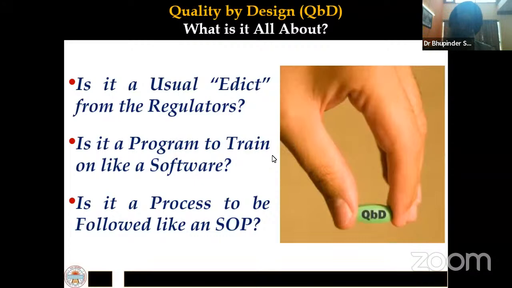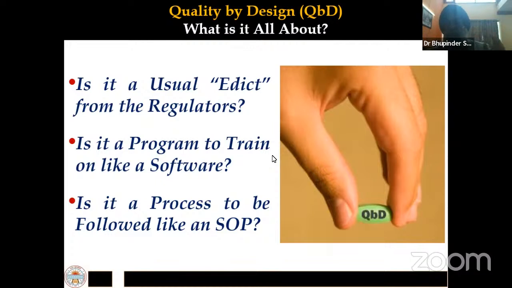Very interestingly, after a 2-day session, the COO, Chief Operating Officer of that company, came over and introduced me, and finally appreciated me, gave some mementos and all that, and finally declared that we are going to make QBD a standard operating protocol. I felt like banging my head against the wall, because QBD is not like an SOP. It's a tailor-made, custom-made kind of paradigm.